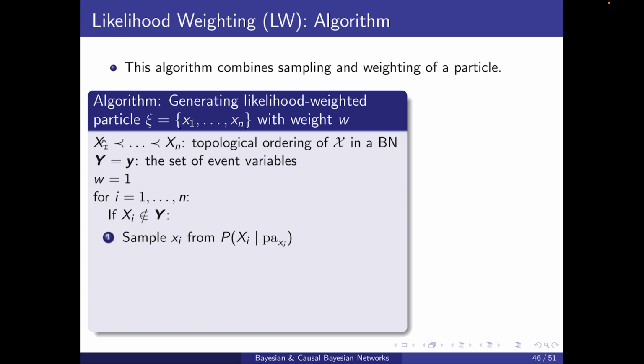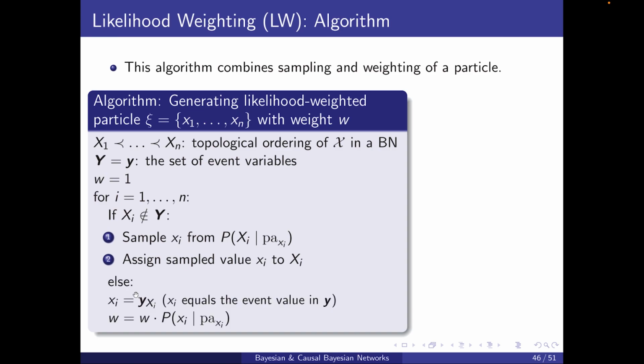If xi is not in Y, meaning it's not one of the variables we have to set to a value, then we sample it, similar to forward sampling, and assign that sampled value to xi. Otherwise, it means that xi is in the event of interest, so we just fix it there.